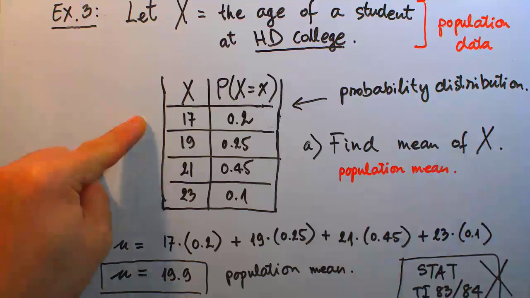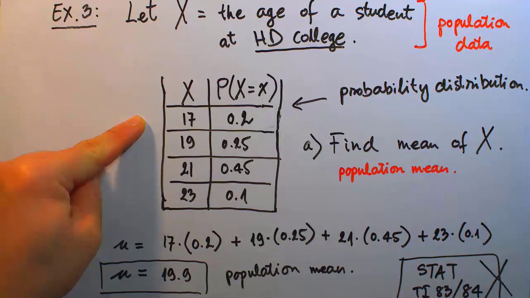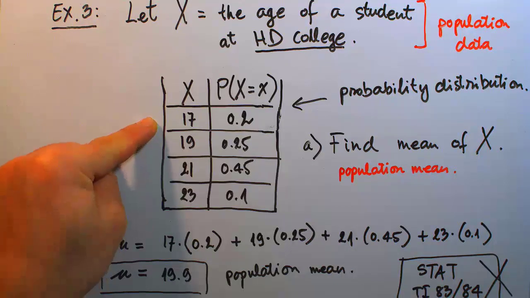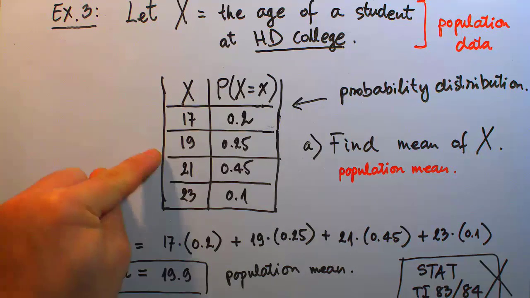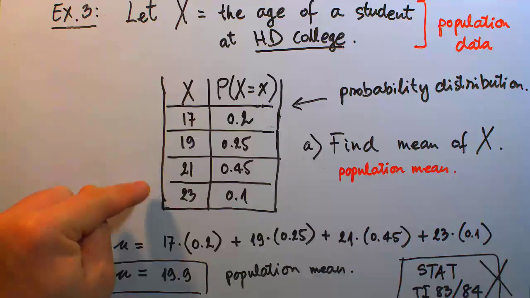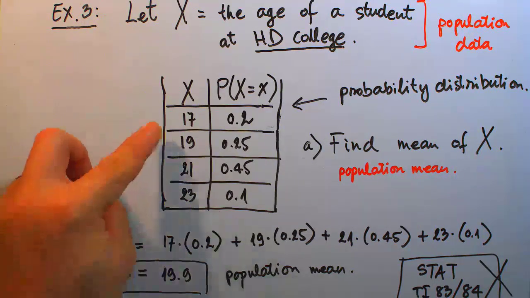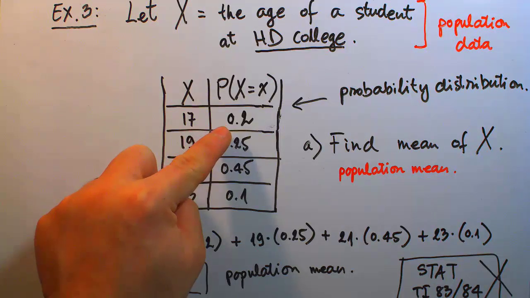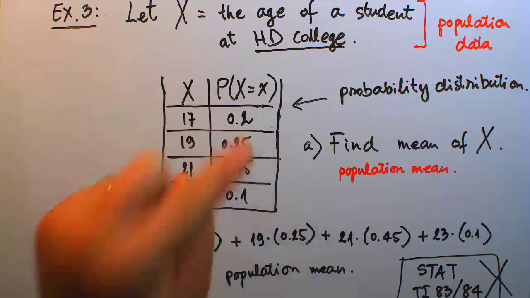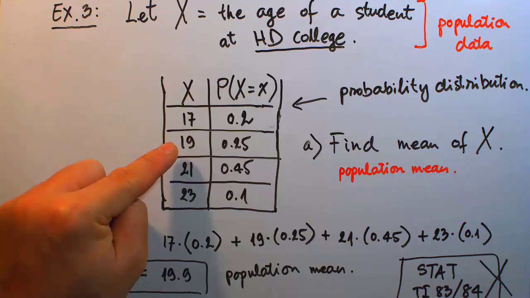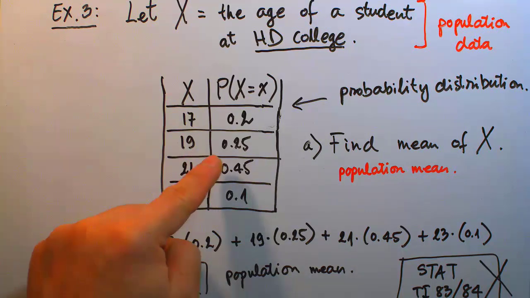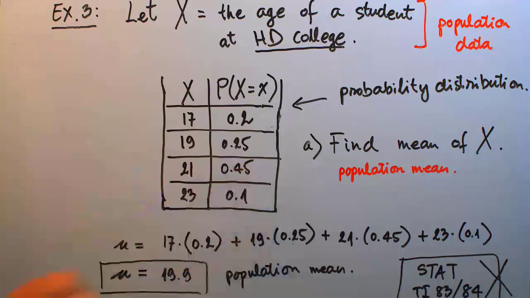So, in other words, I have to remind everybody that this table is not writing out how many 17s there were in the data, or how many 19s there were in the data. It only tells you that 17 in the data is happening at probability 0.2. 19 as a value happens in this data X right here at probability 0.25.